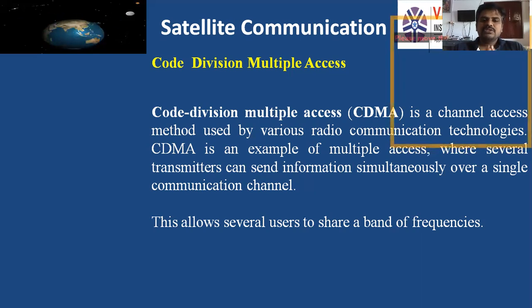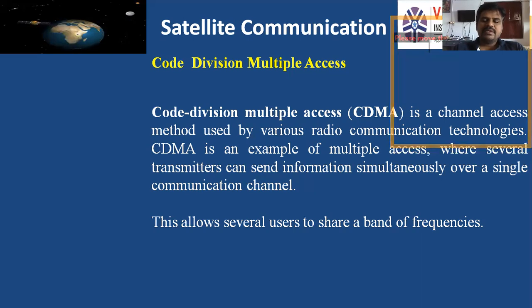Fine. So in order to overcome these problems, there is another type of multiple access, that is code division multiple access. CDMA is a channel access method used by many radio communication technologies.